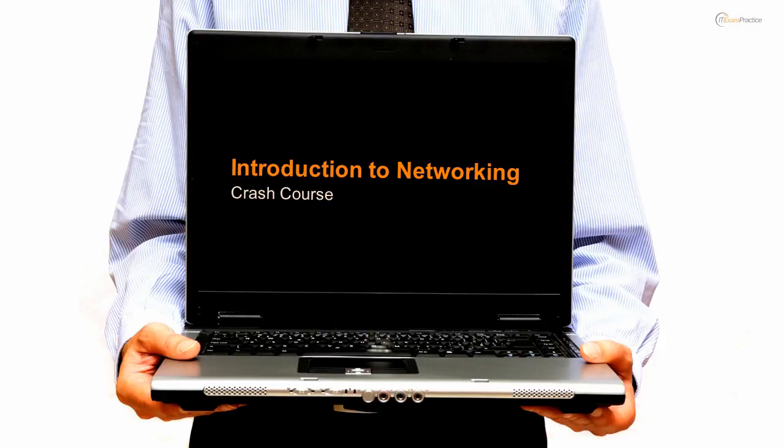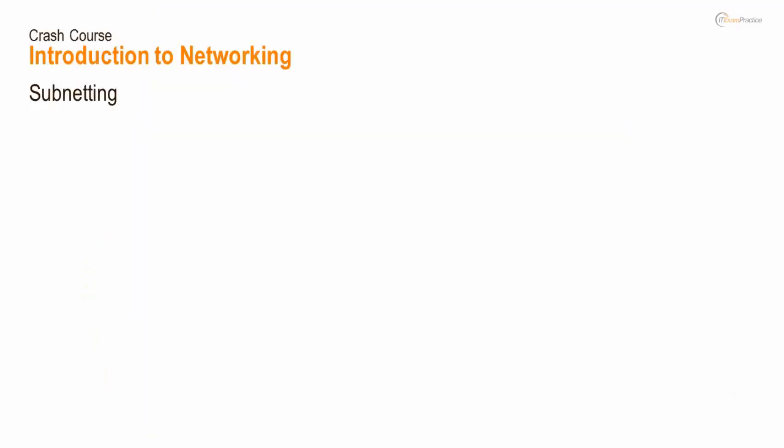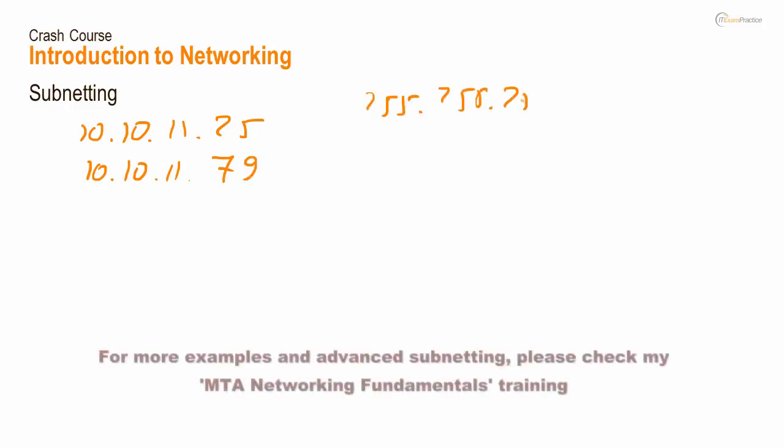Introduction to Networking, Subnetting Part 2. I will start with one example to make sure that you're okay with subnet masks. If not, please make sure you watch my previous video. 10.10.11.25, 10.10.11.79, subnet mask 255.255.255.0.